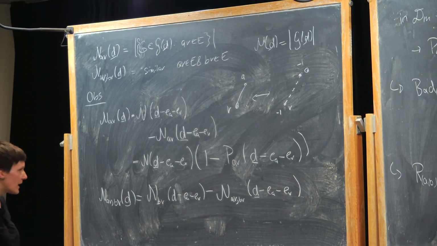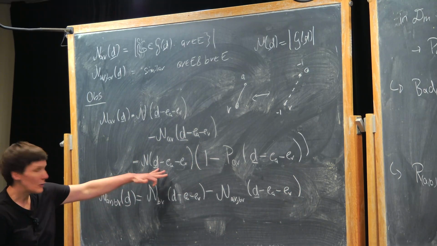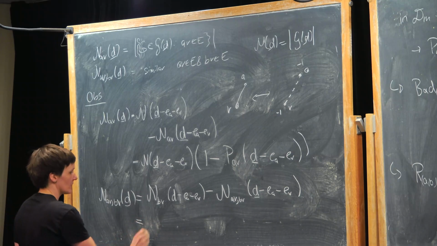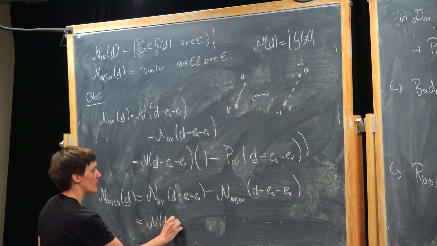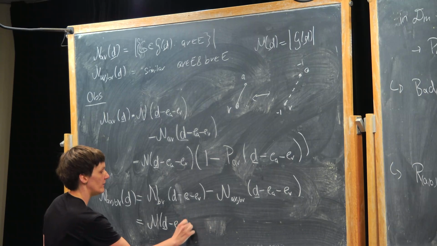Okay, and if I pull out the same number, then this is N of D minus EA minus EV.